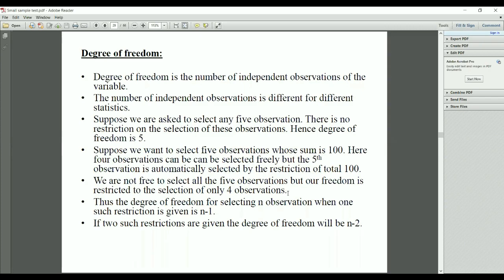Thus the degrees of freedom, when such a restriction is given, is n minus 1. When you are going for the sample, it is every time n minus 1. If 2 such restrictions are given, the degrees of freedom will be n minus 2.